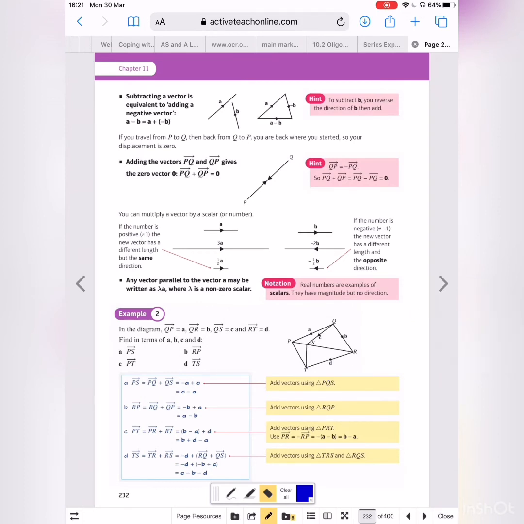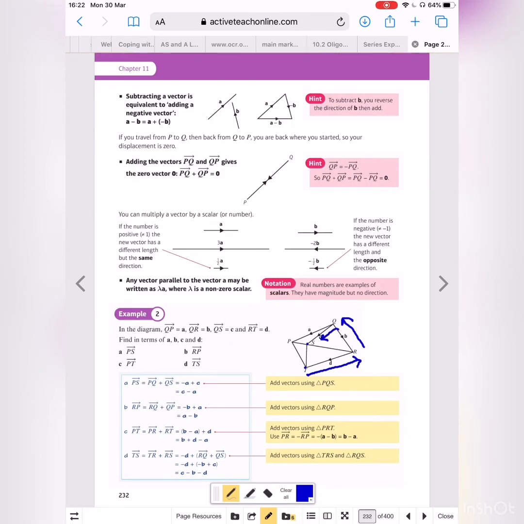So then part D, the last one here, is T to S. So we're at T, and we want to go to S. A bit more of a tricky one, this one. Now, the easiest thing is probably to go there to there, there to there, and there to there.